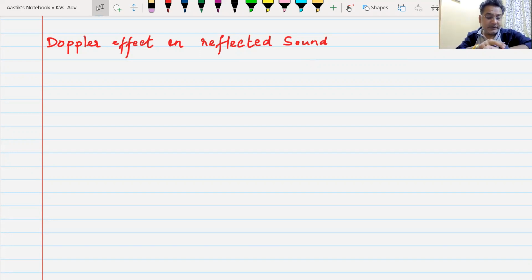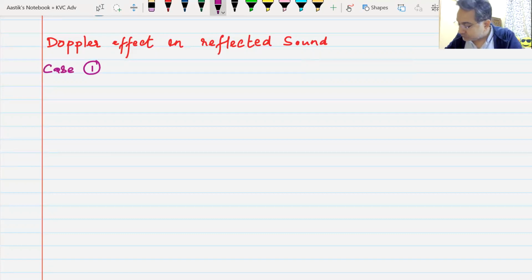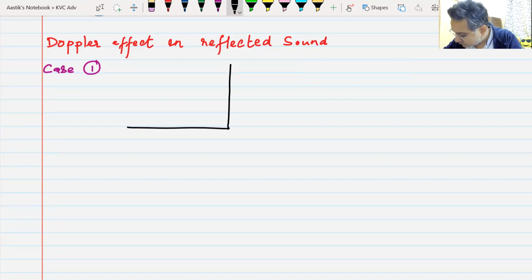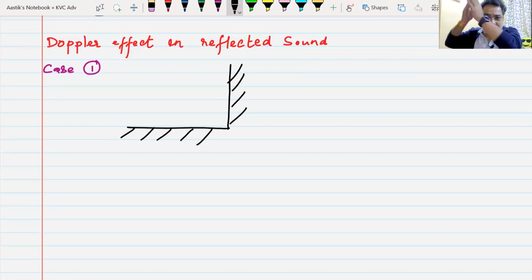Now, what is going to happen here is, if you have a case like this, case number 1, you have a source which is approaching a wall or an obstacle which is going to reflect the sound.